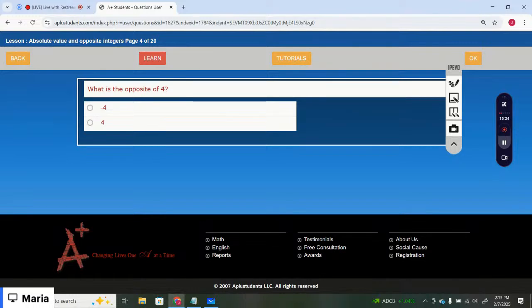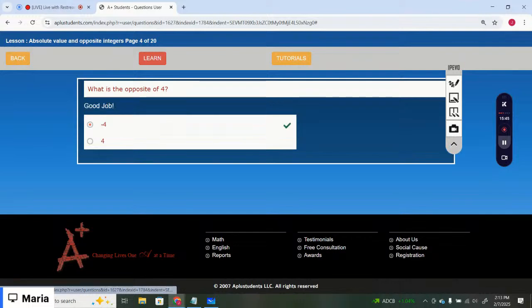What is the opposite of 4? Opposite of 4 is negative 4. Option number 1 is the correct option.